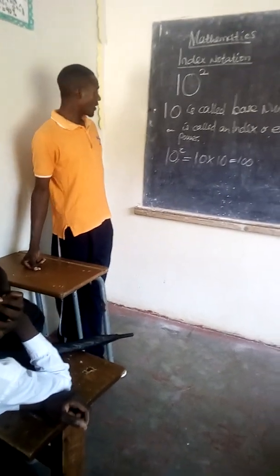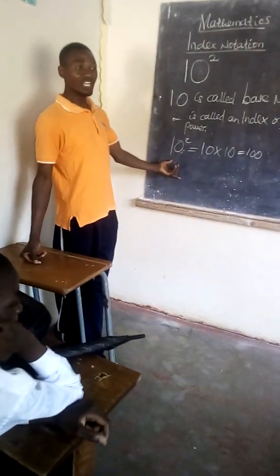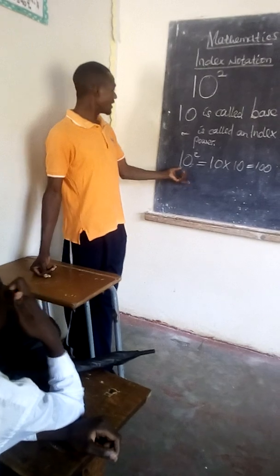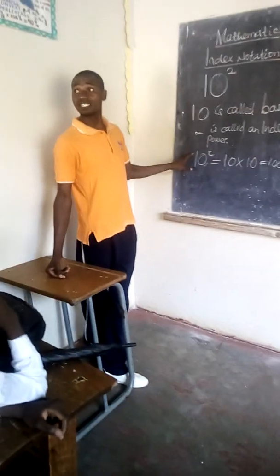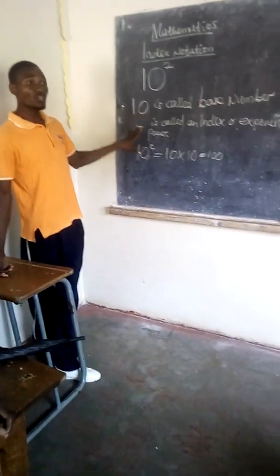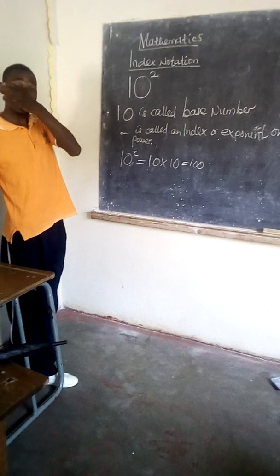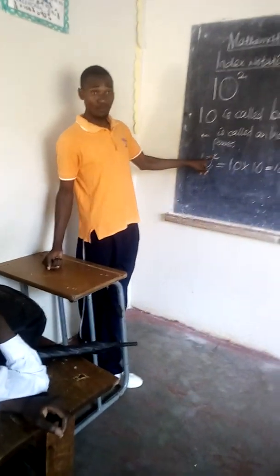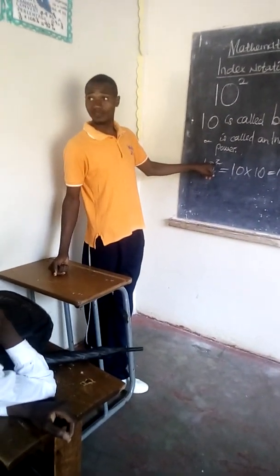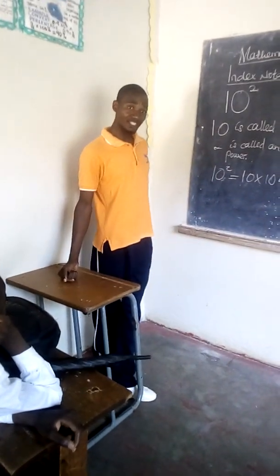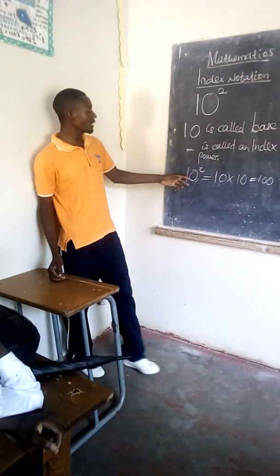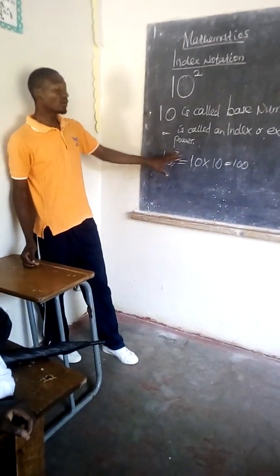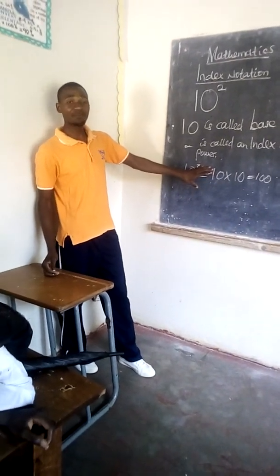Any number which has a power, the base is going to be multiplied by itself a number of times equal to the power written on top. Apart from that, other examiners may bring the question in an expanded form.